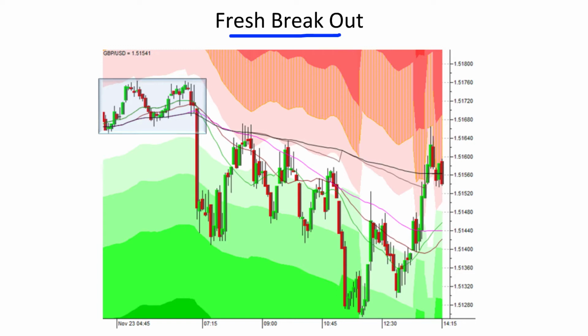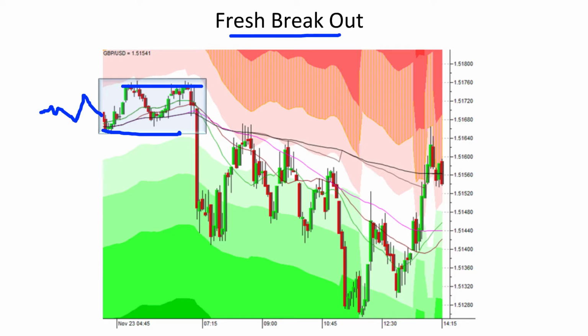So you can see, when we're talking about a fresh breakout and avoiding that, this was the beginning of the trading session, and it established a really tight range, and the price was like this for quite some time. So there wasn't a lot of movement.